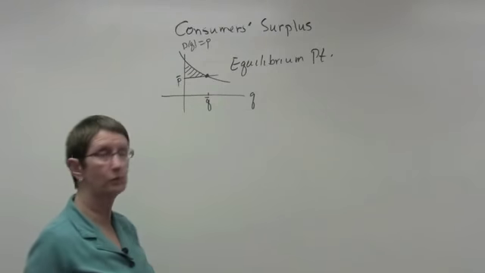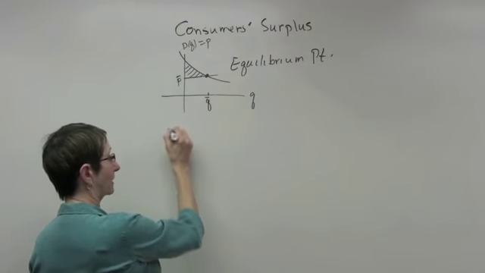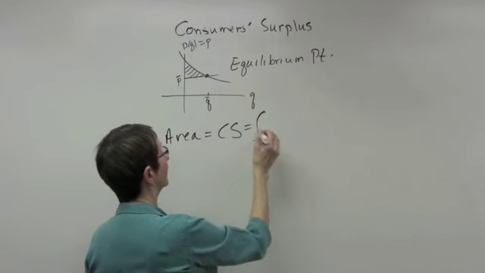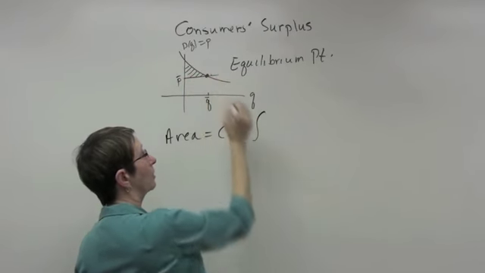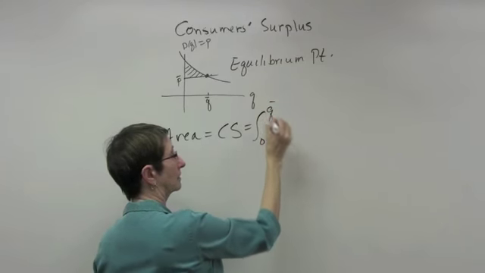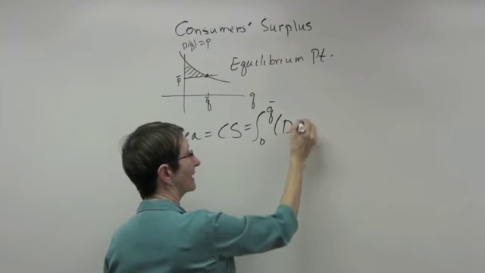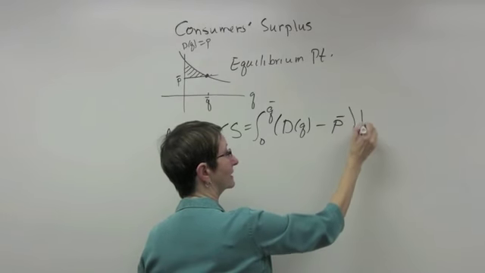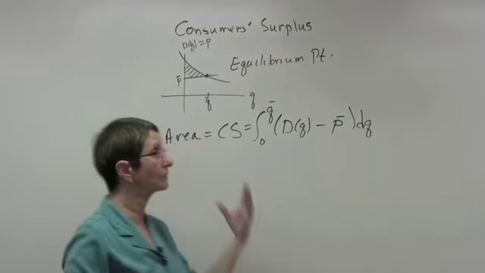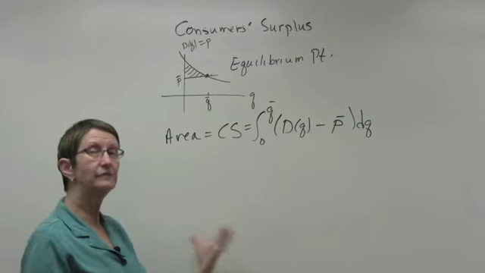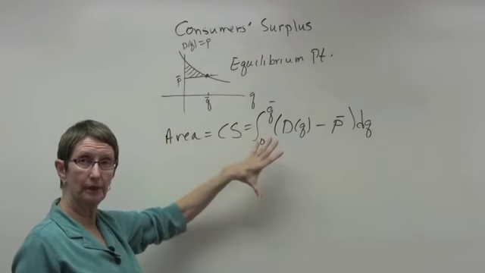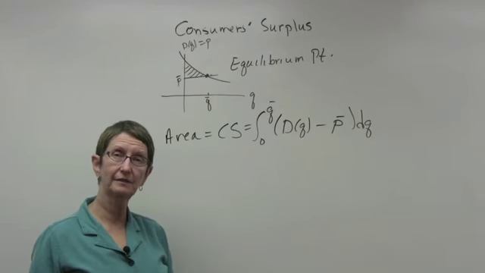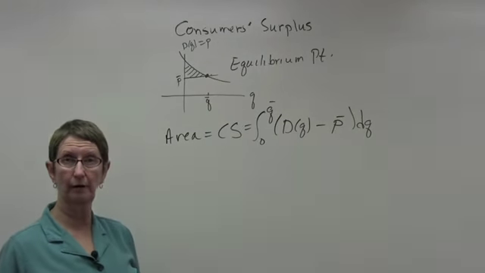So to find the area between these two curves, the area is consumer surplus. It's the integral from 0 out to Q bar of the demand function D of Q minus the equilibrium price, and Q is our variable. So this is a formula that gives us consumer surplus, but it is an area between curves, which is why we're studying it in this unit. Let's look at an example now.